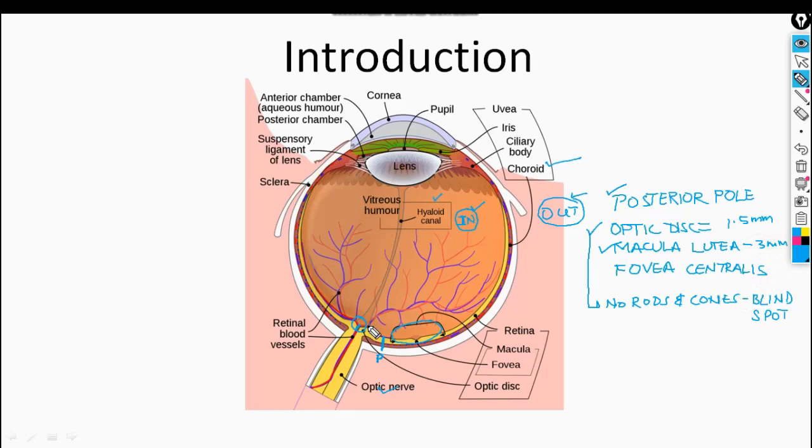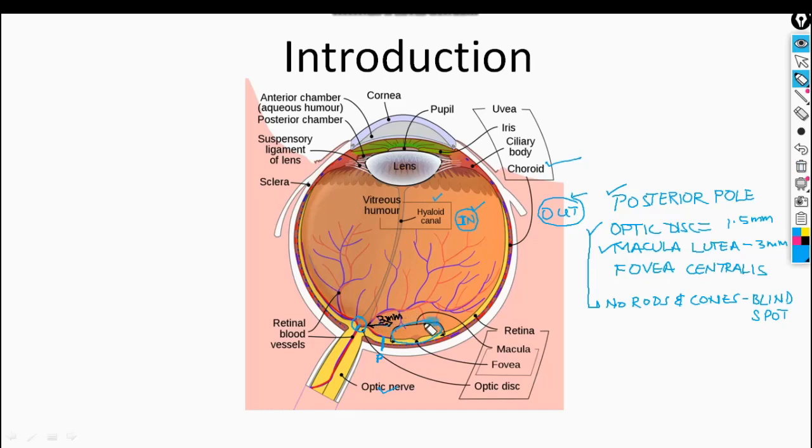Here is the optic disc. So from here to here the distance is 3 mm. Let me change the color. So from here to here, this is 3 mm from the optic disc.